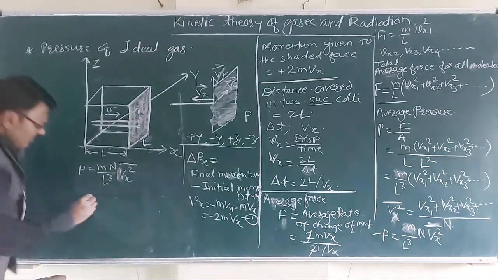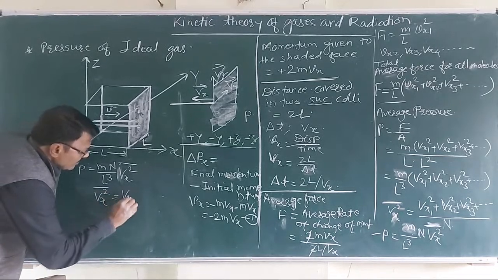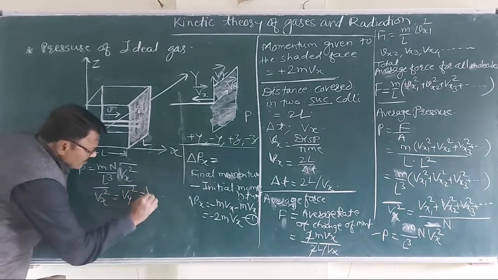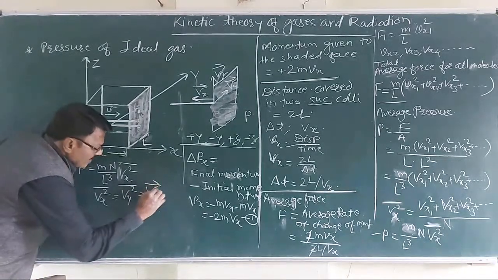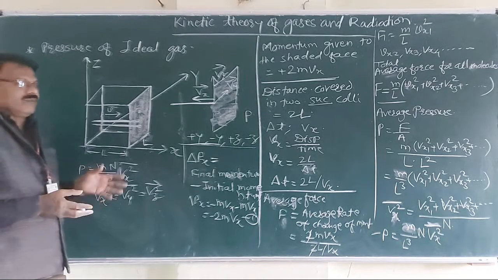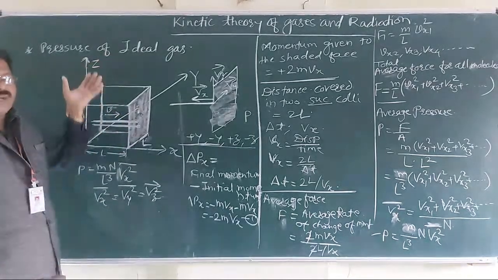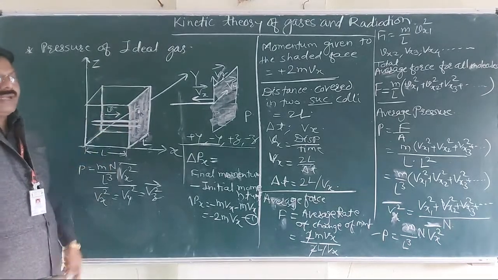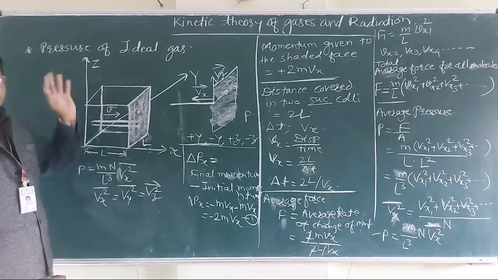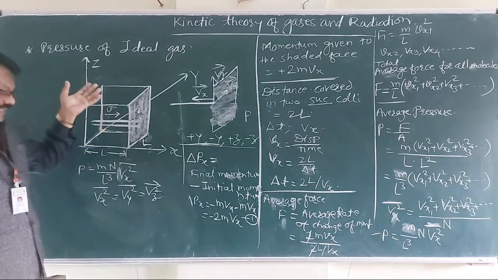But we know Vx square bar is equal to Vy square bar, which is equal to Vz square bar. All three are the same, because the average of components of velocity along the x-axis is the same as the average along the y-axis and along the z-axis.